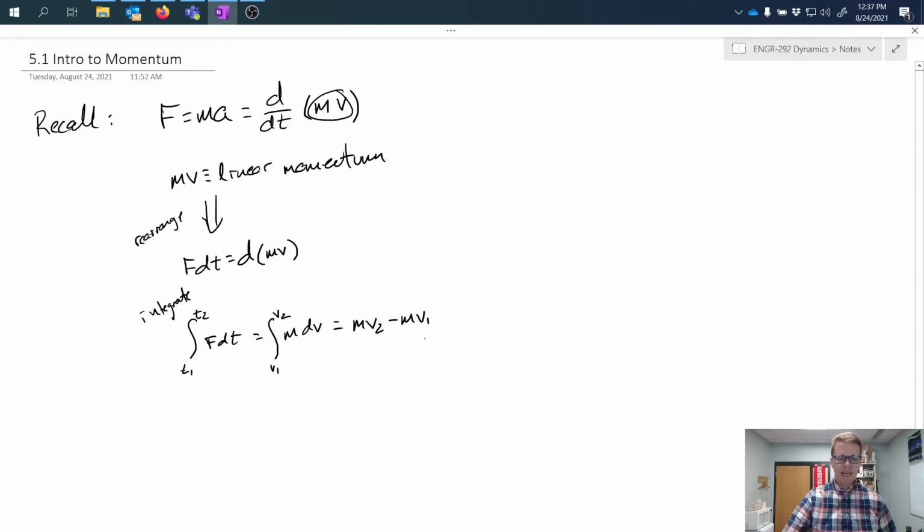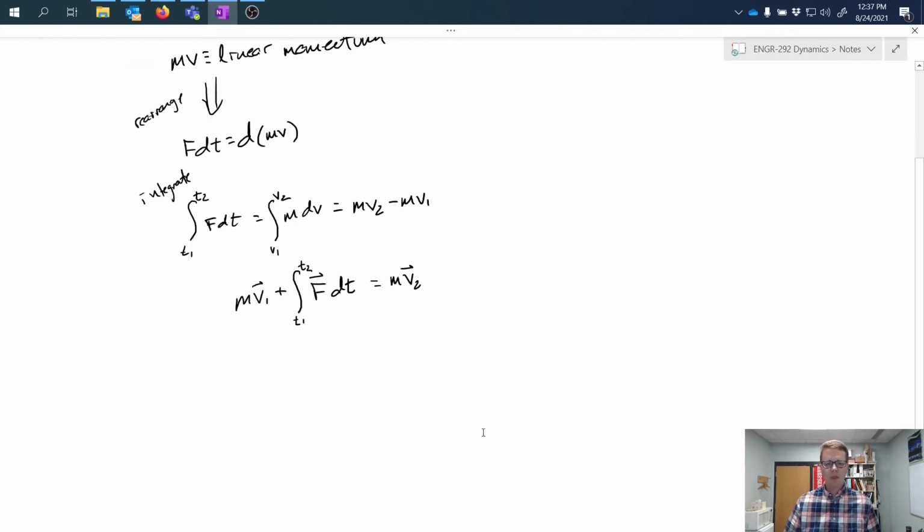If I take this and rewrite it, I'm going to write it as mv1, and we'll note that that's a vector, plus the integral from t1 to t2 of F, which is also a vector, dt, equals mv2.